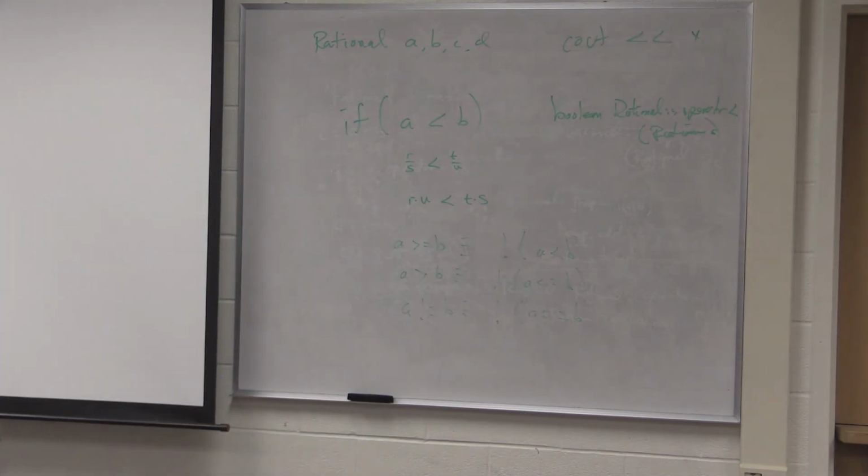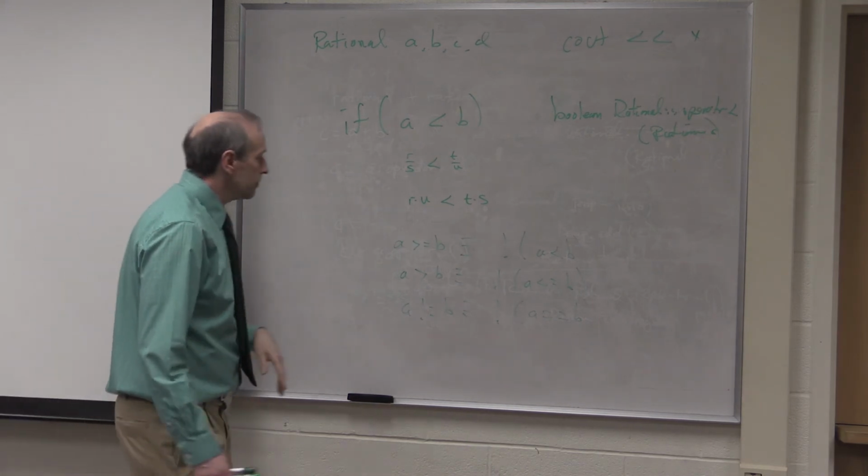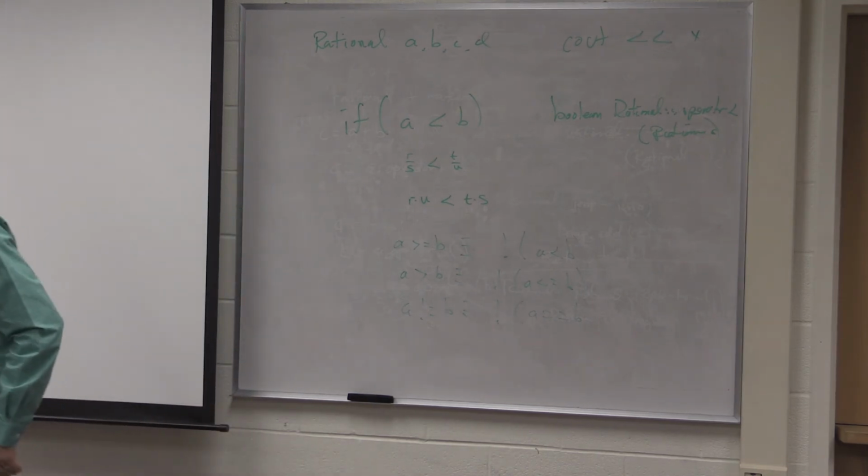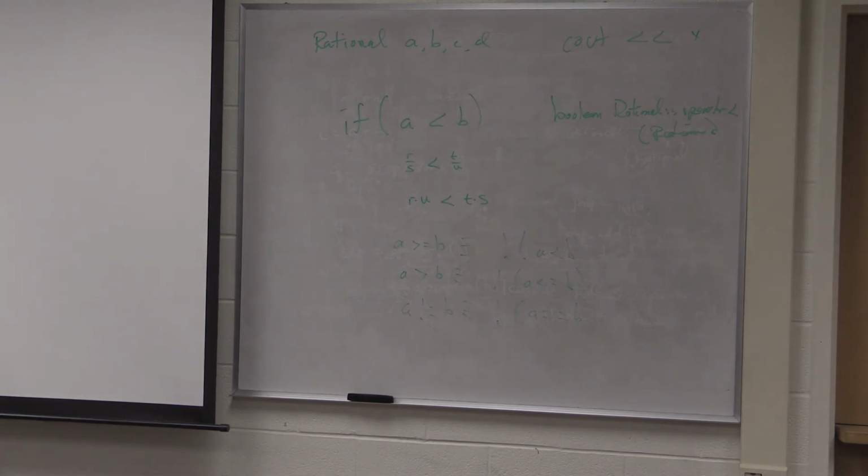For the equality comparison, can't you just compare directly? You can, yeah. You could just compare the numerator to the numerator and the denominator to the denominator, providing they've been reduced. Yeah, sure, safe thing.